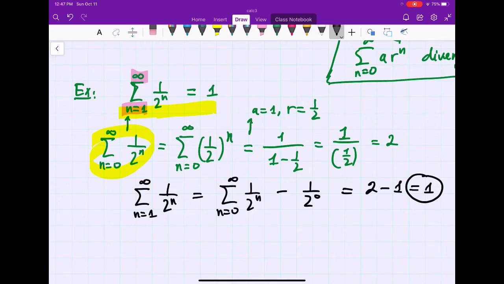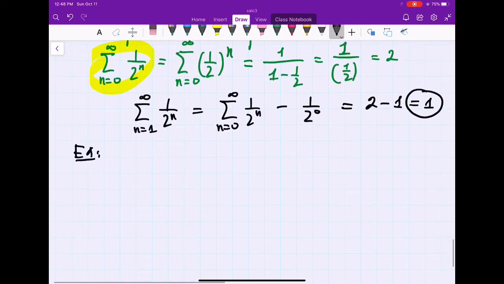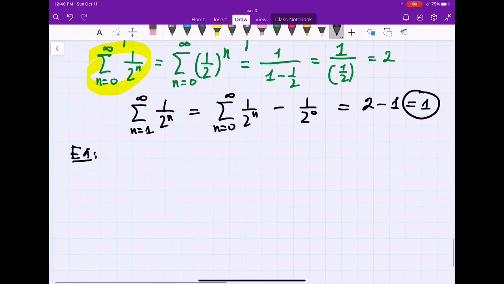Okay, so let's consider another example. We have the following series: the sum of 3^n over 2^n, n from 0 to infinity.